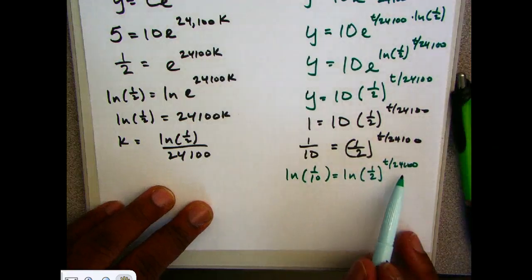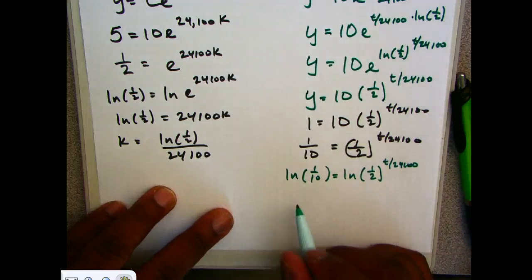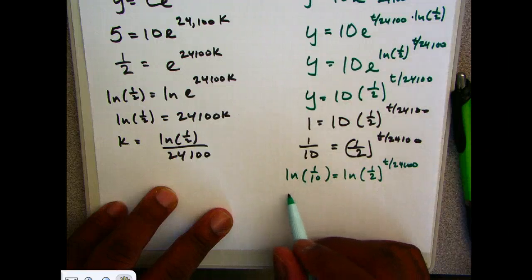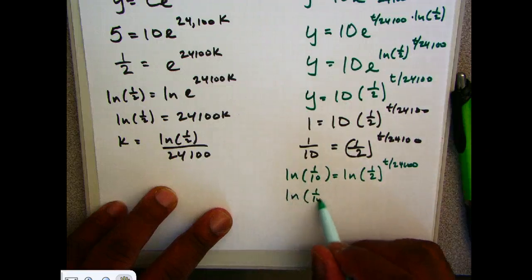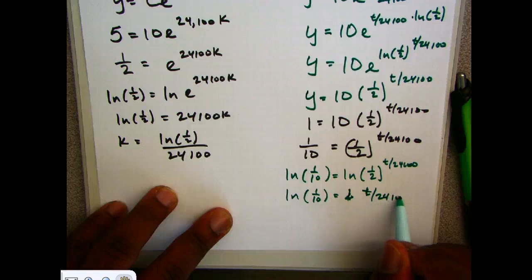Now, using our power property of logs, we can bring this out front. And what we're going to end up with is ln of 1 over 10 is equal to t over 24,100 times ln of 1 over 2.